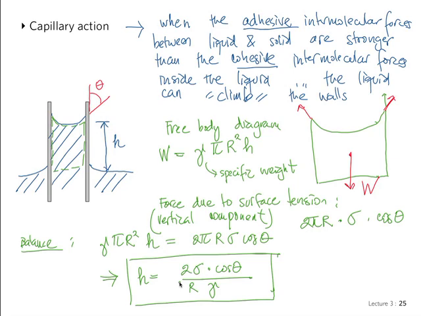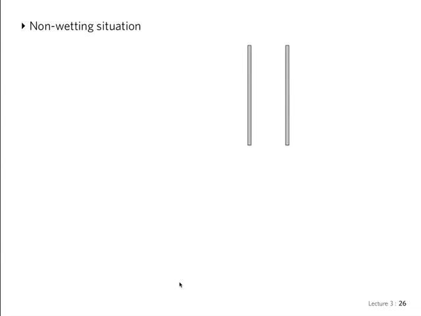So in the non-wetting situation, we would have that the angle is not like we've just drawn it before. I need to draw it the other way because, instead of climbing up, it is the other way around. So we have a negative height, if you will. So this would be the fluid.